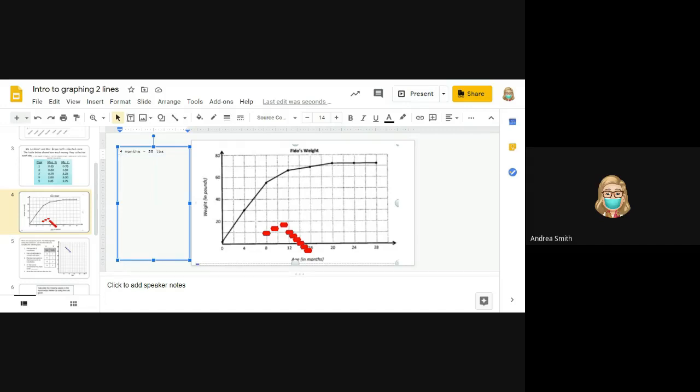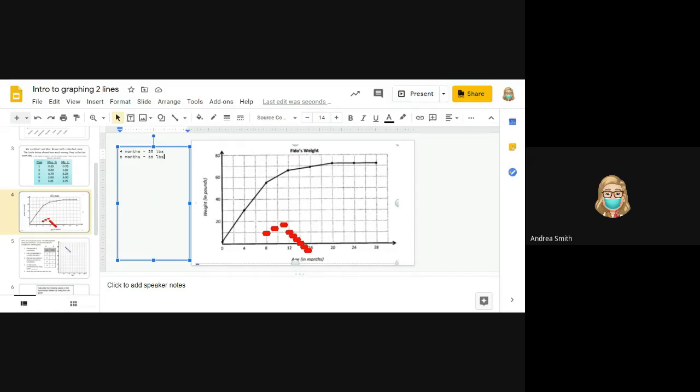In this case, because we're going to be adding more data, it's a good idea to keep it in a chart. And then the next one for Fido was at 8 months old, and we said at 8 months old, Fido weighed 55 pounds. So that's what I mean by keeping the data in a chart. We're going to be charting it now. It's better to keep it identified.